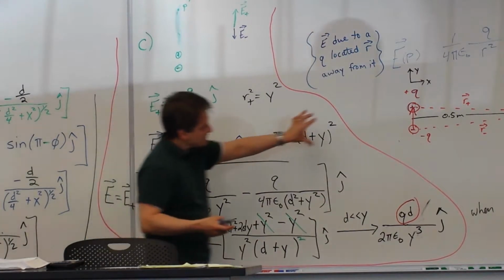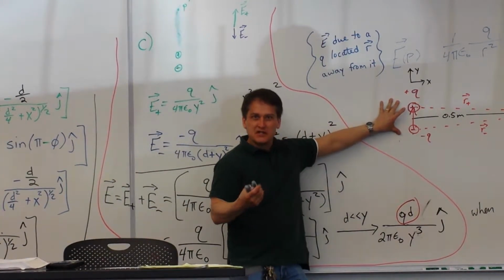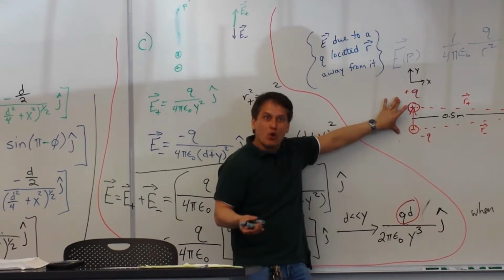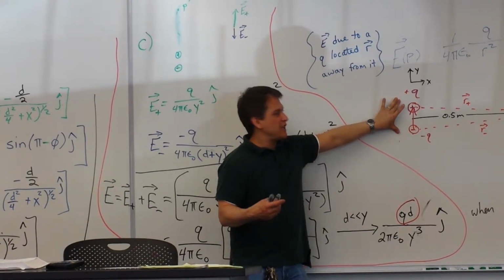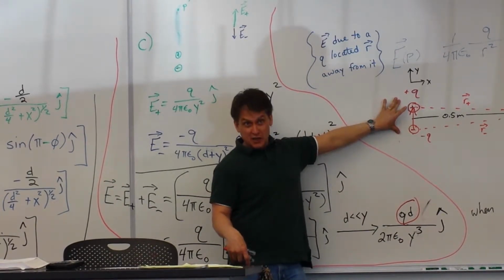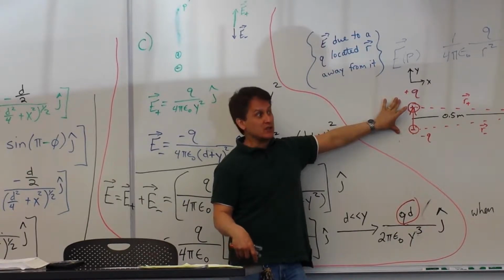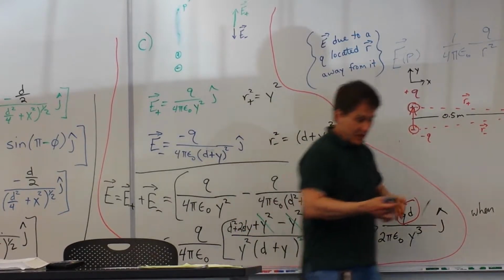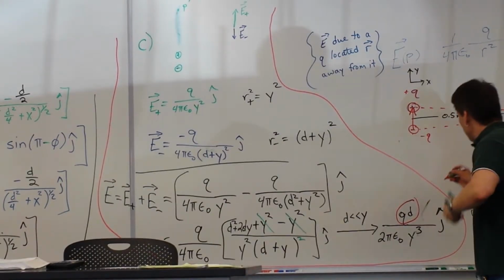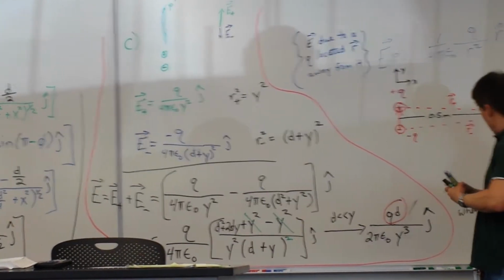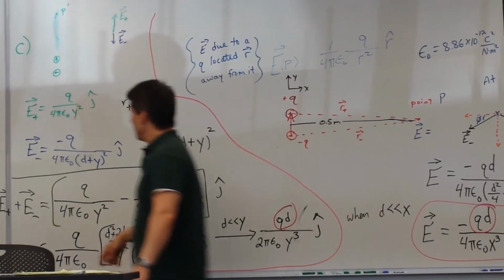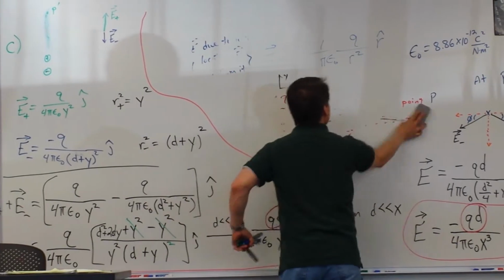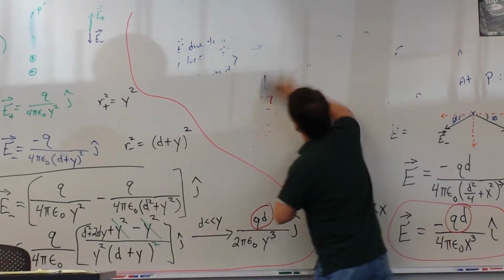So, since that represents physically something to do with how these charges are separated and the quantity of charge, we just give this thing a convenient definition. We call it the electric dipole moment. I'm going to get rid of this portion for a minute.